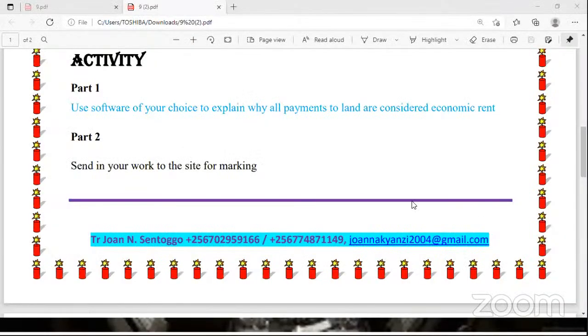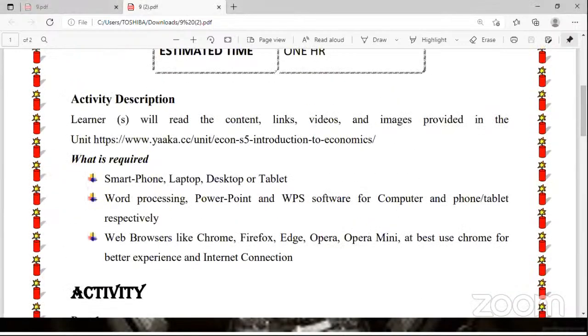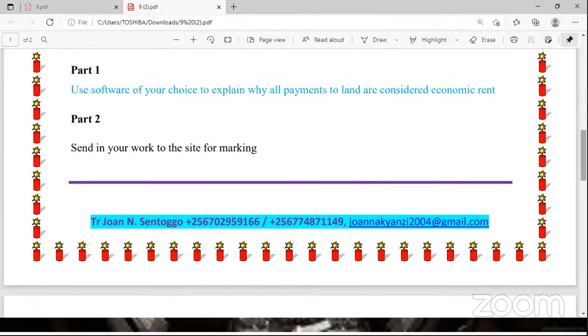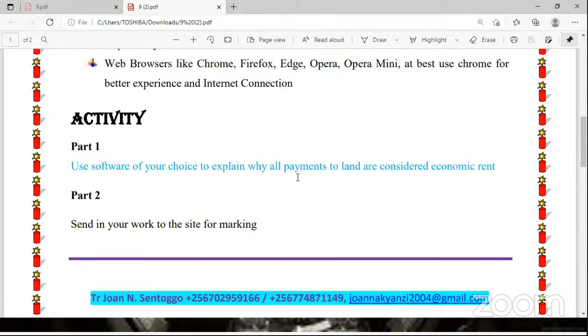So the question was saying, let me start from that activity. Part one was saying to use the software of your choice to explain why all payments to land are considered as economic rent.